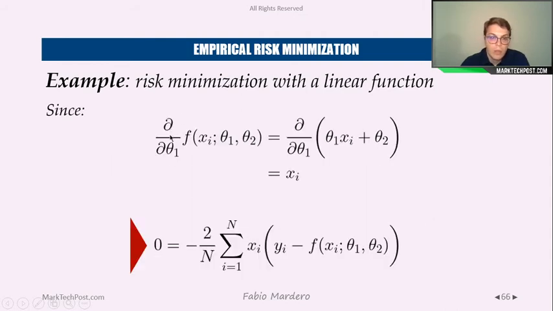And the partial derivative with respect to θ1 is pretty straightforward, because only the first term depends on θ1, and the derivative of θ1 is equal to 1, but we have a scalar multiplication here, so this operation is equal to xi.